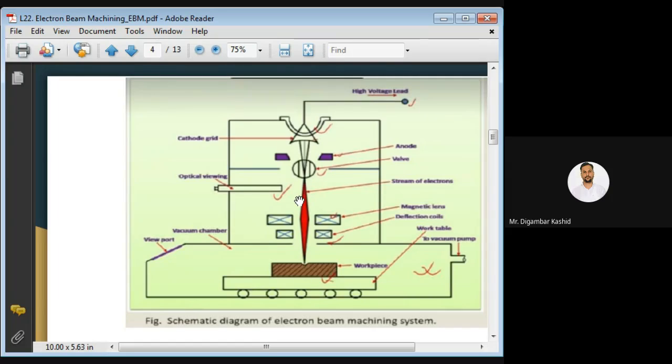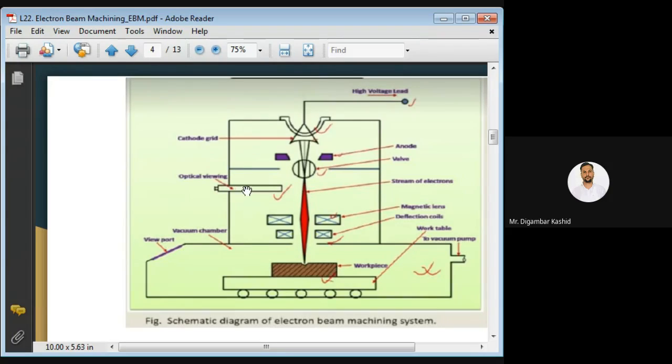You can see using this optical viewing system. From this you can see inside your vacuum chamber what is going to happen.